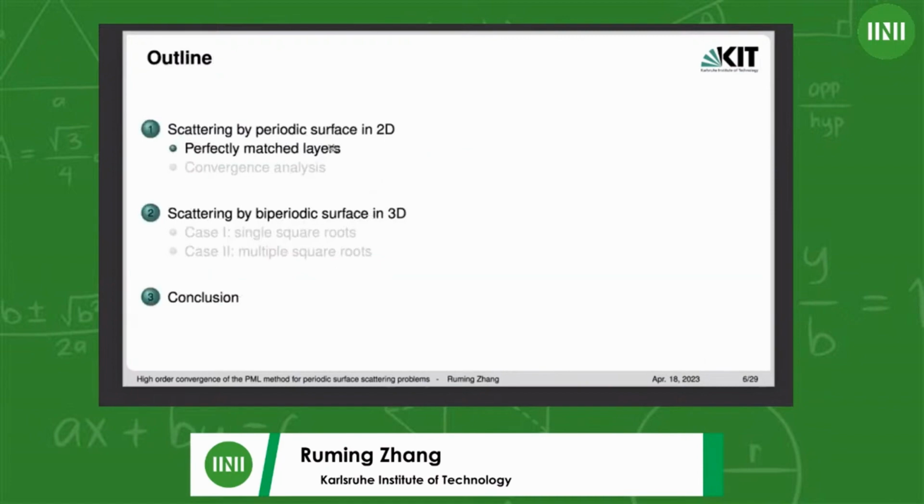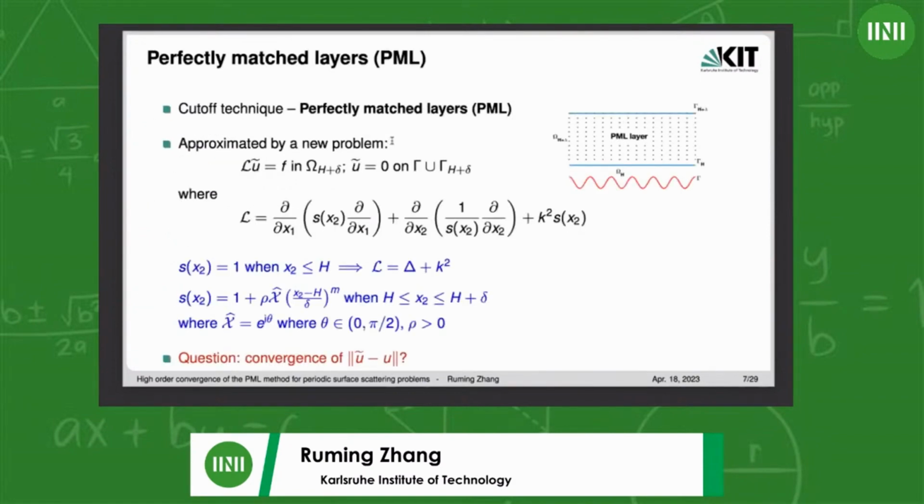Let's begin with the first part, the perfectly matched layers. This method is well known for truncating scattering problems. What we do is add an absorbing layer above the surface gamma H. The thickness of the layer is lambda, and this is the upper boundary of the layer, gamma H plus lambda.